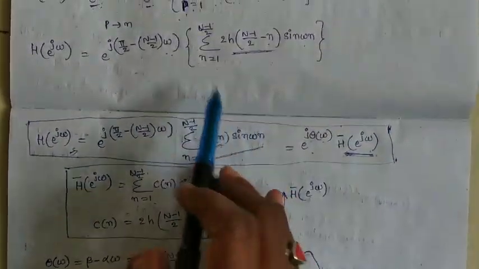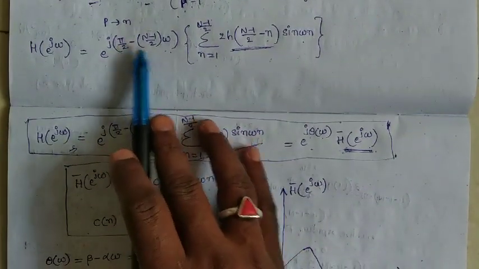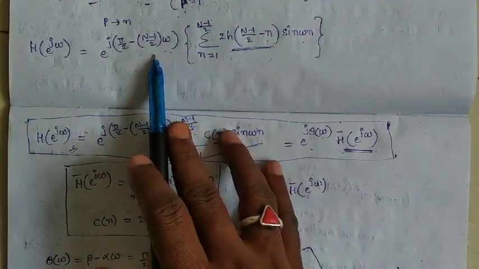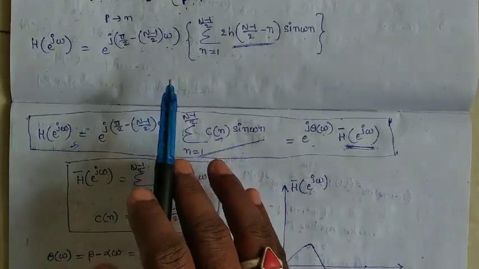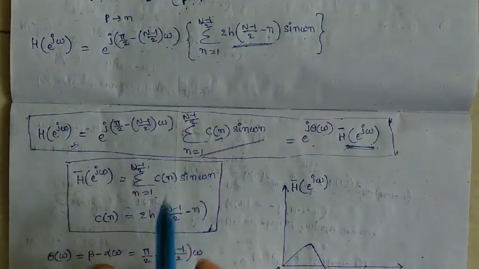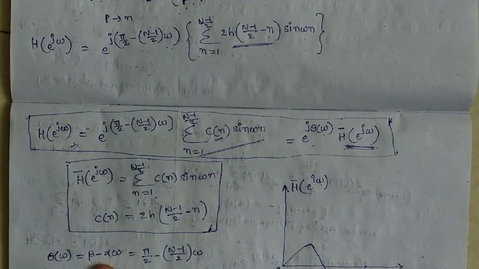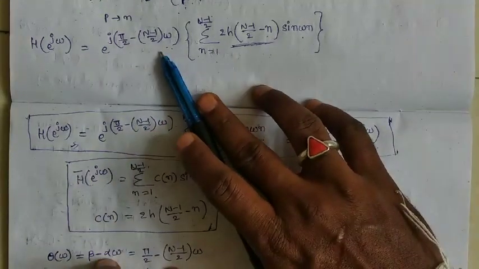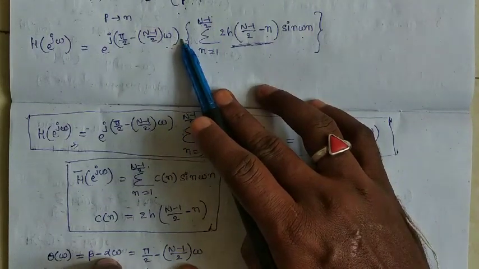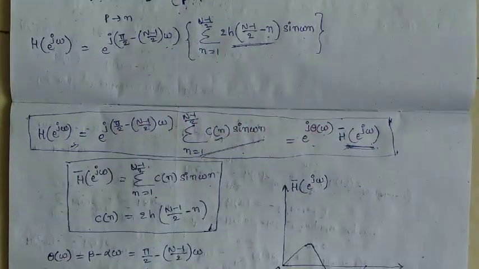From this, what is theta of omega? For anti-symmetrical impulse response, the phase angle is beta minus alpha of omega. Here beta is 5 by 2, so theta of omega is 5 by 2 minus capital N minus 1 by 2 omega. Here this is the phase angle.